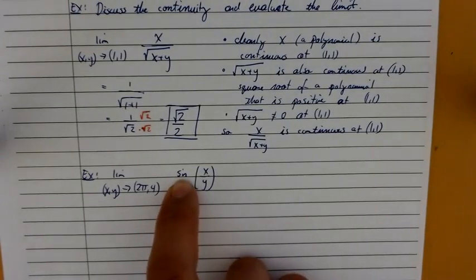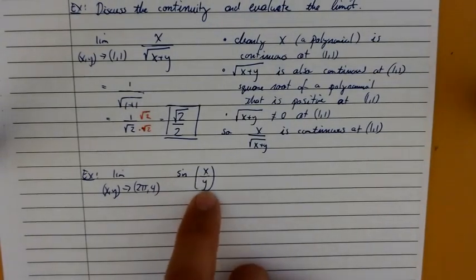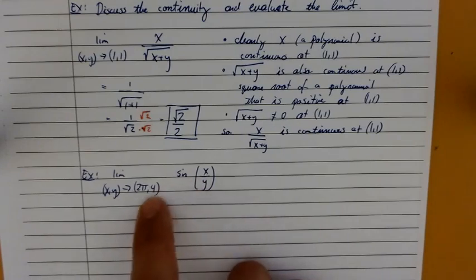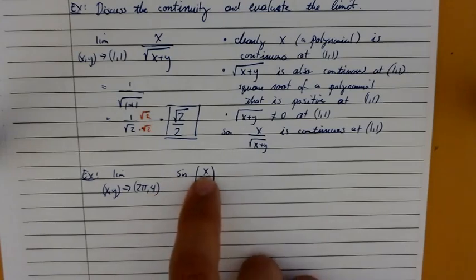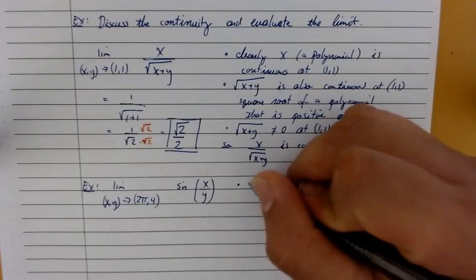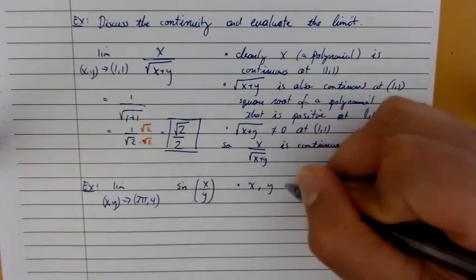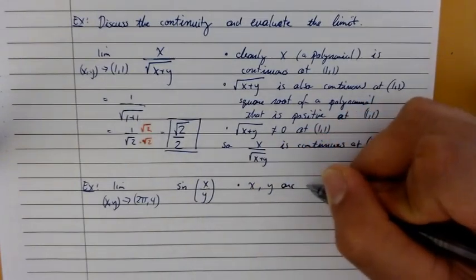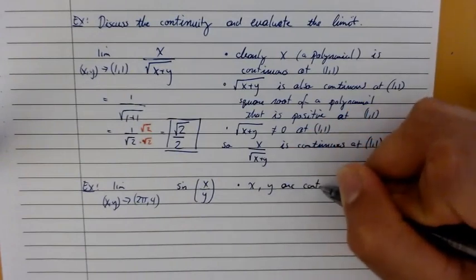Well, clearly x over y is continuous at (2 pi, 4). And you say, why is that? Well, for the same reason that we had above. So we know x and y are continuous anywhere.